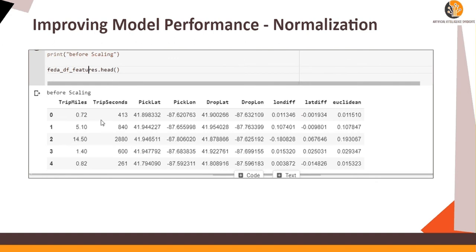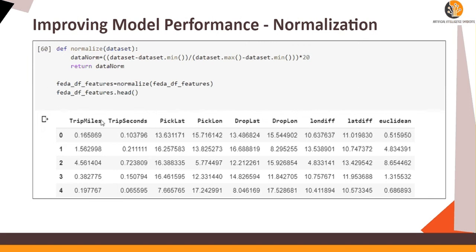So this is how you would normalize a data set. I have written a function which is normalize data set, and we are going to do data set minus minimum, divided by the difference between max and min, multiplied by 20.